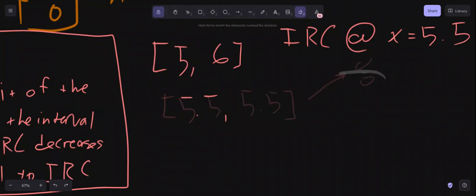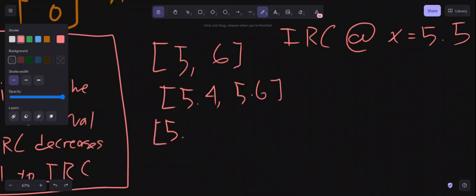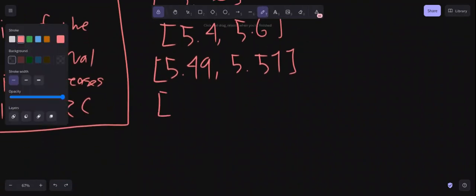So instead, what if we take another interval like 5.4, 5.6, and then we take the interval 5.49, 5.51, and we're essentially trying to simulate getting infinitesimally close to 5.5.